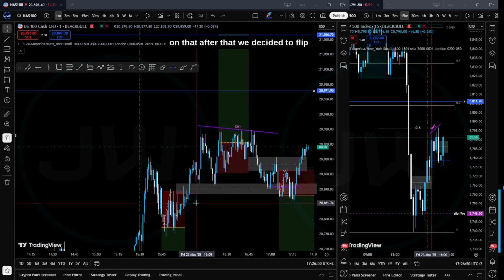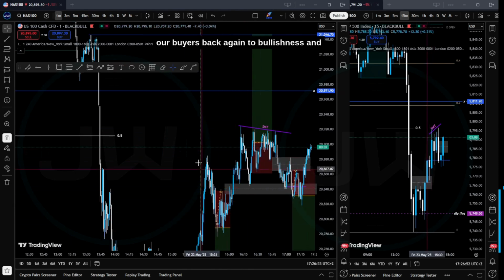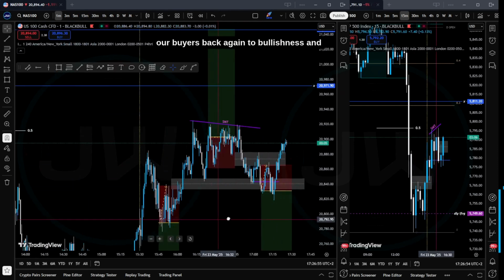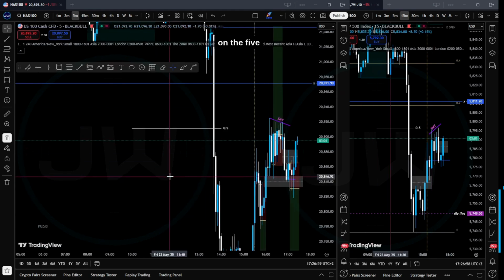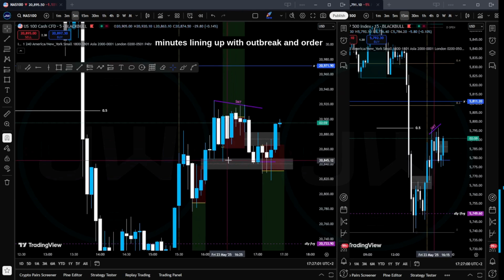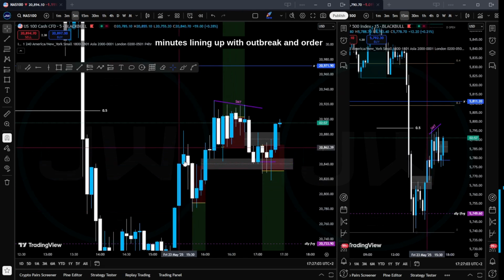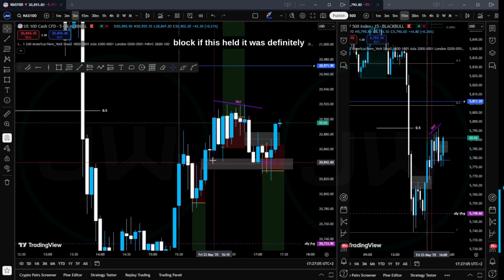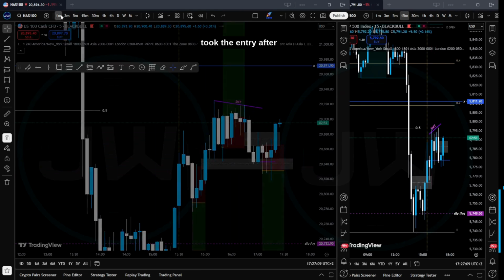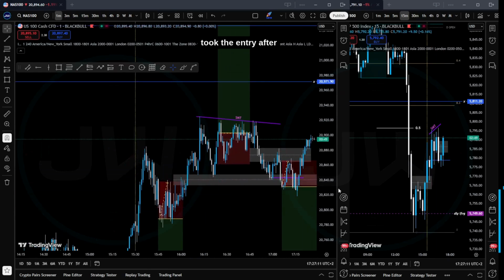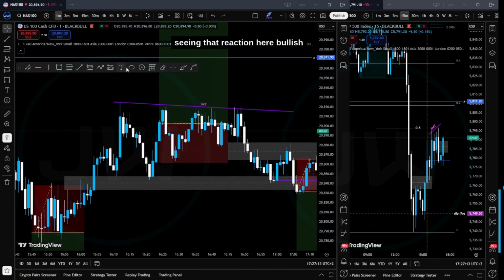After that, we decided to flip our bias back again to bullishness, seeing this fair value gap hold on the 5-minute, lining up with our break and order block. If this held, it was definitely a sign for us to move higher, and we took the entry after seeing that reaction here.